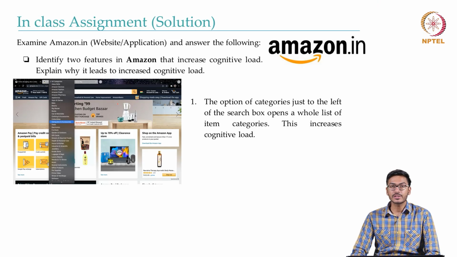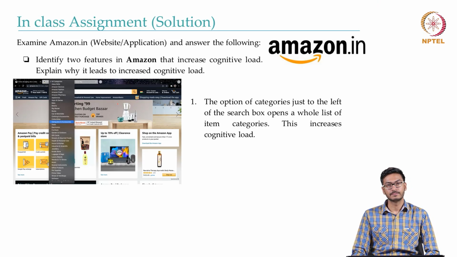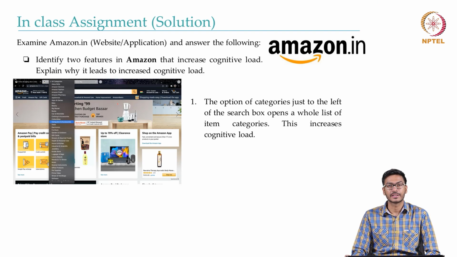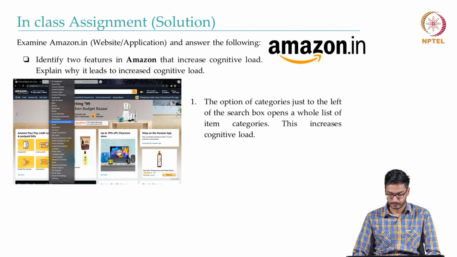It just opens a very long list of item categories. This may actually confuse the users and hence increase the cognitive load. How we can improve it is that maybe instead of these long lists that include so many categories, we could use a hierarchical visual representation of the same.